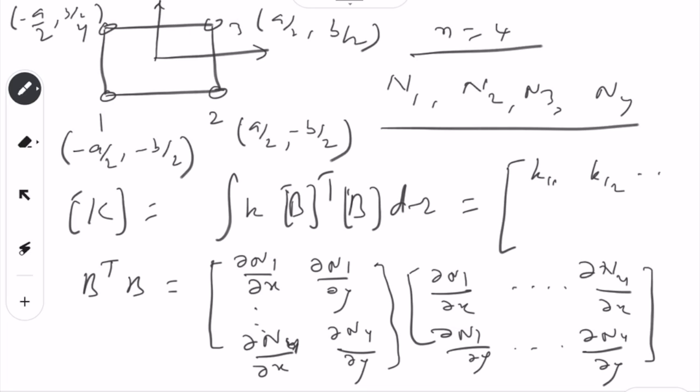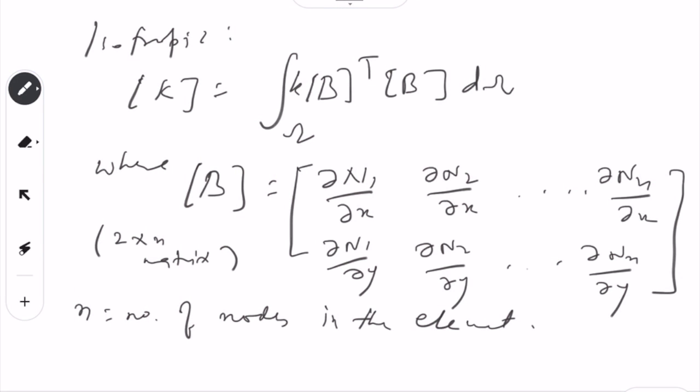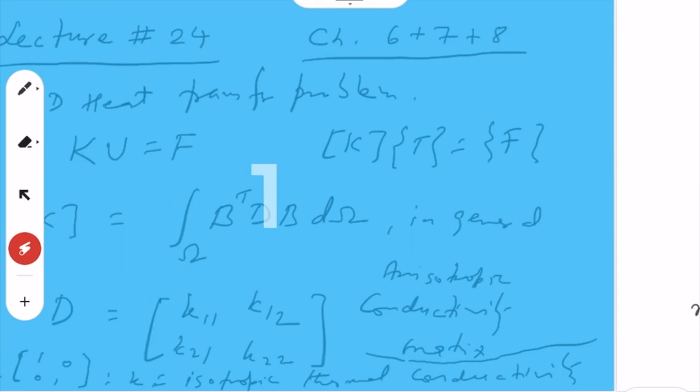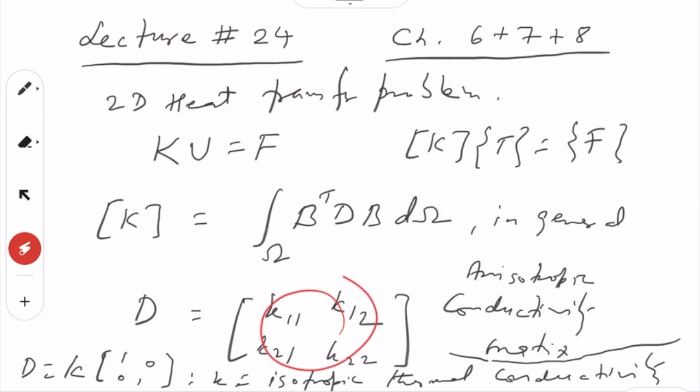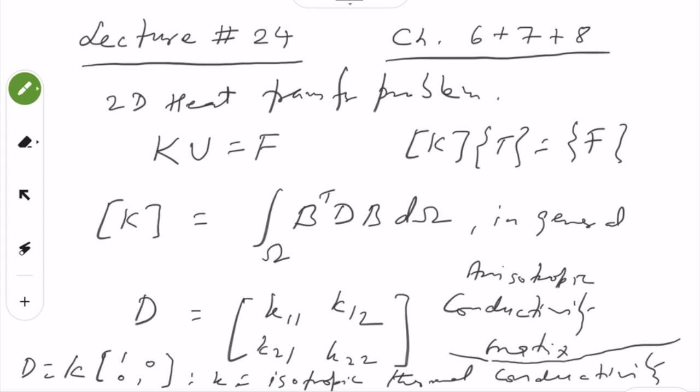This is not a component of D, so this is not part of D. So just to remove confusion, we can write it with a dash, let's call it k dash.